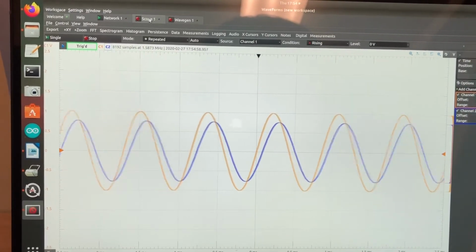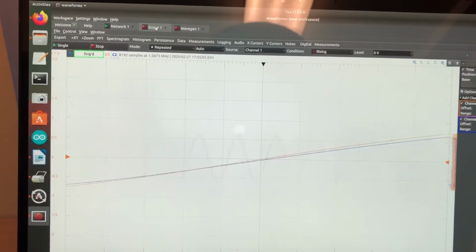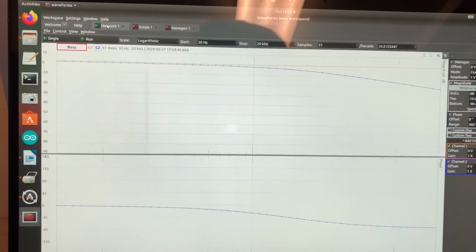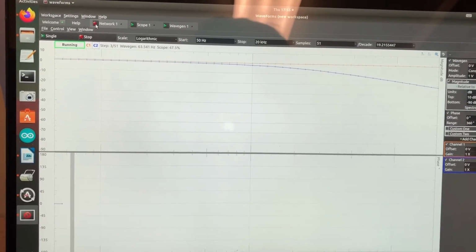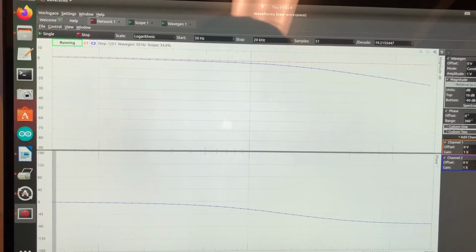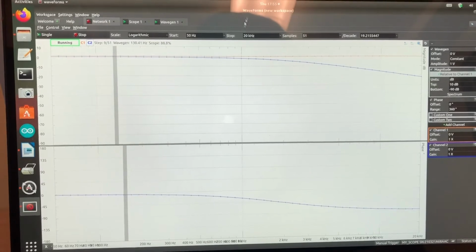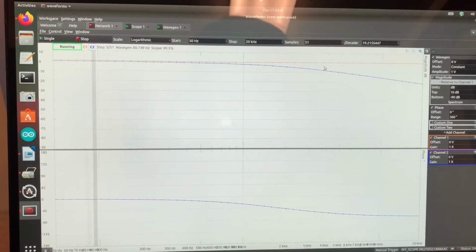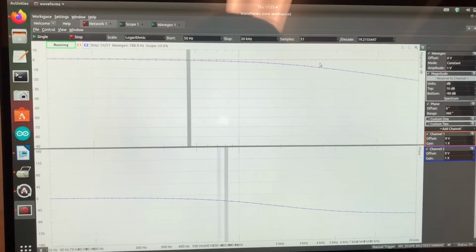But if I wanted to look at this as the frequency increases and I wanted to see the decibels, I go to my network analyzer. So I have the network analyzer set up to go from 50 hertz to 20 kilohertz. As you can see, the input, the orange signal, stays at 0. That's because it's 1-to-1.